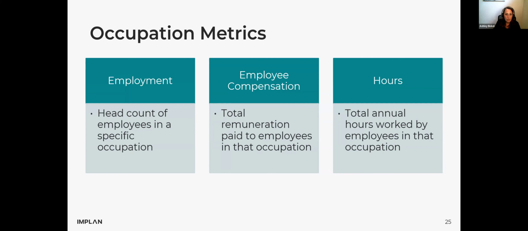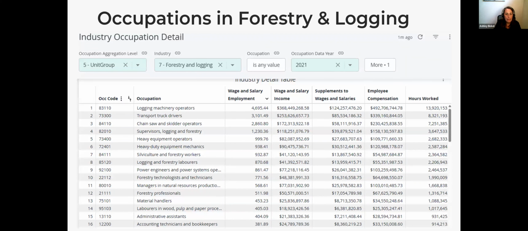So let's take a look at what it looks like in IMPLAN. Here we are looking at the industry occupation detail table in the region details section of the application. Again, I'm looking at a national Canada model, and you can see that I've filtered here to the forestry and logging industry.